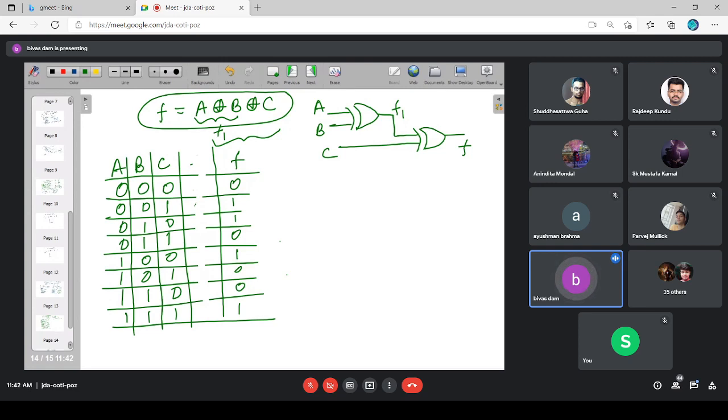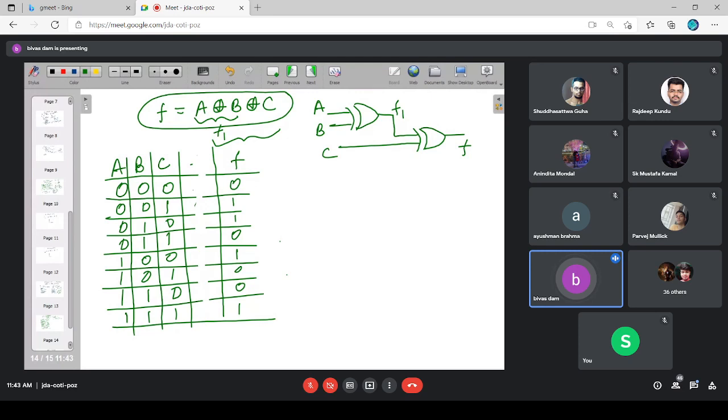When there is an odd number of 1s in the input combination, what is the output? 1. Whenever there is an even number of 1s, 0. So that's one marvelous thing about the XOR function. If there is an odd number of 1s in the input combination, the output will be true or 1, otherwise the output will be 0. That's for the XOR function.